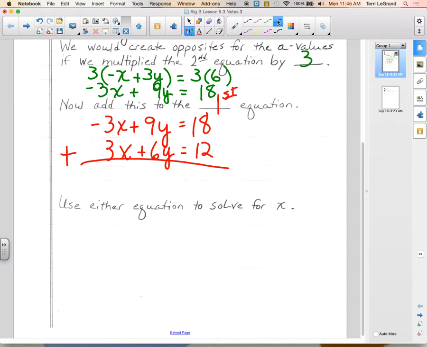Y, because the x's cancel. So we have 15y equals what? 30. Okay. Now I can move over, and I'm going to divide both sides by what? What should I divide by? 15. And y equals 2.